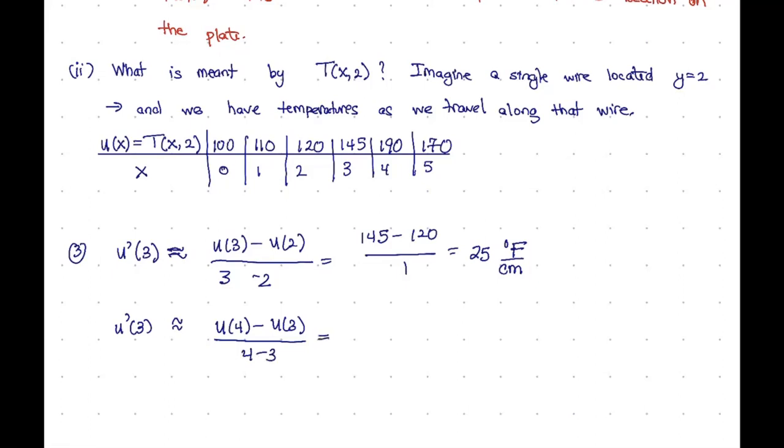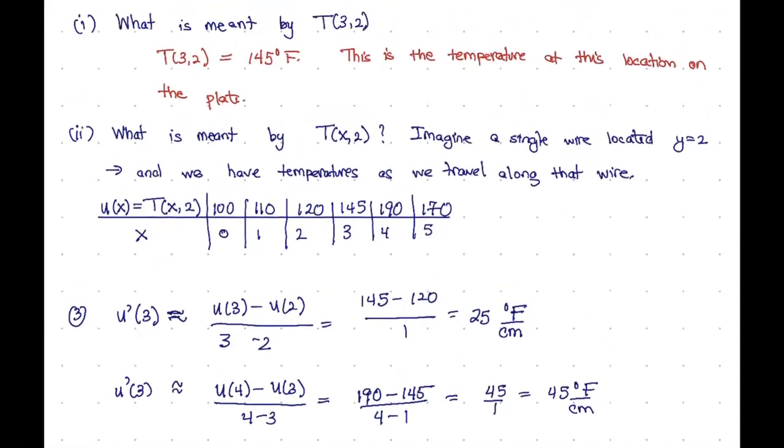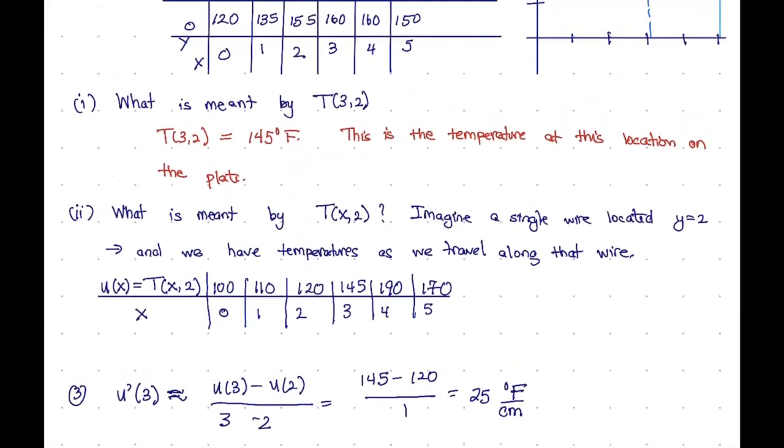And so in that particular case, we would end up with 190 minus 145 all over 4 minus 3, which would equal 45 over 1, which would equal 45 degrees Fahrenheit per centimeter, which is an even bigger rate of change, but we would expect that, right?